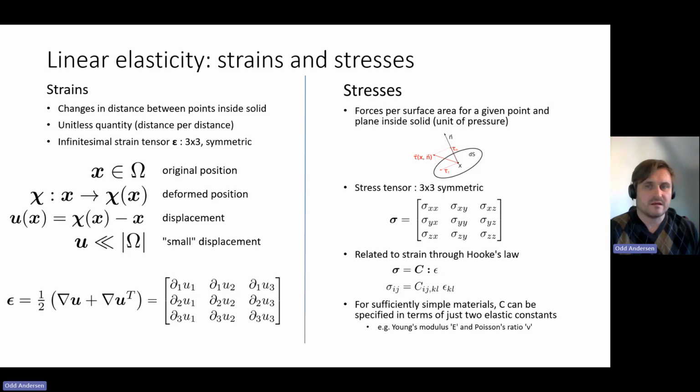And in linear elasticity, stresses are related to strains through Hooke's law, which involves the rank 4 tensor C. For sufficiently simple materials, the C tensor can be defined in terms of 2 degrees of freedom, that is, 2 elastic constants. And these can be chosen in many equivalent ways. For instance, as we can see here, the Young's modulus and Poisson's ratio can be used to characterize the material.